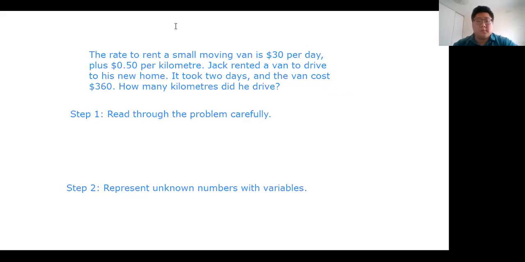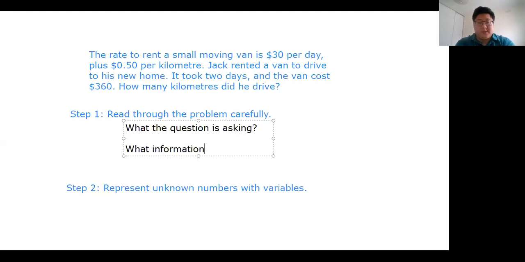So there are 2 questions that we need to consider when we are doing step 1, and that is to find out what the question is asking, and what information do we know or do we have.